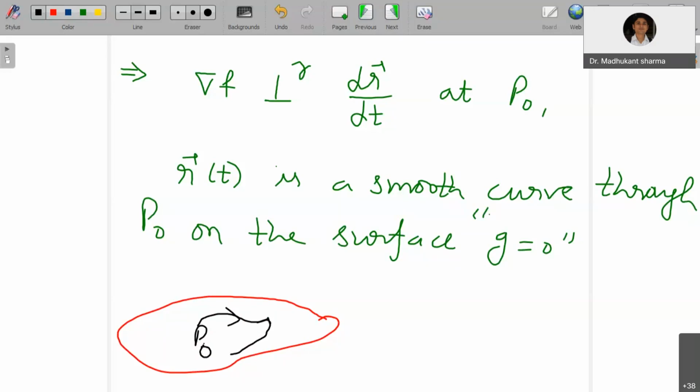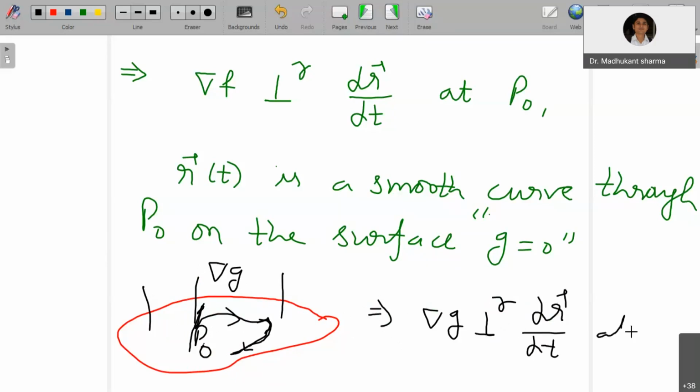You see, dr by dt at P naught is nothing but the tangent at P naught. The normal to the surface, grad G, is going to be normal to this tangent line as well. So grad G is also perpendicular to dr by dt at P.